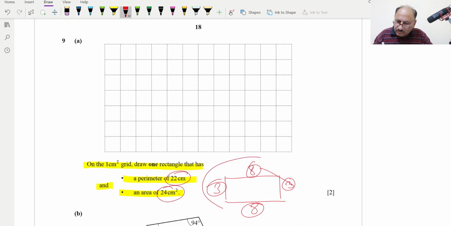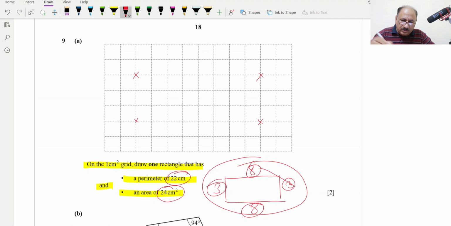So we have to show this rectangle on this unit scale. So we will be drawing, like for example, we can draw from here. So 8 units, 1 2 3 4 5 6 7, and 8 units over here, and 3 units.